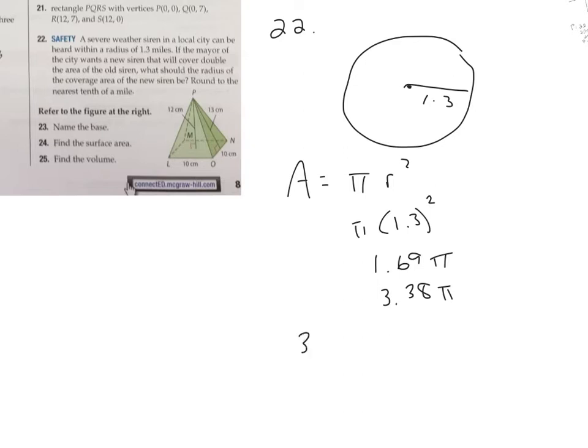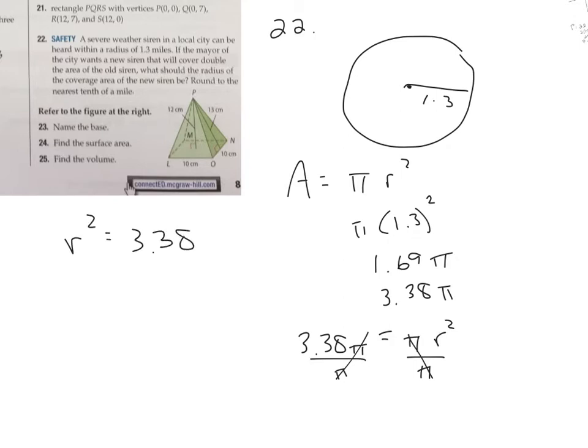So 3.38 pi equals pi times radius squared. Here, if I divide both sides by pi to get the radius by itself, I get radius squared equals 3.38.